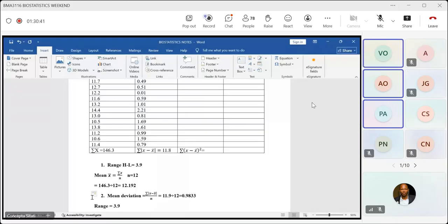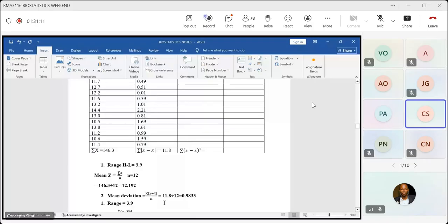I think the confusion comes from what you've written there. 11.9 divided by 12 gives the other value, but 11.8 divided by 12 gives 0.983. So where did I get 9? I think it's a typo. The answer is therefore 0.983.